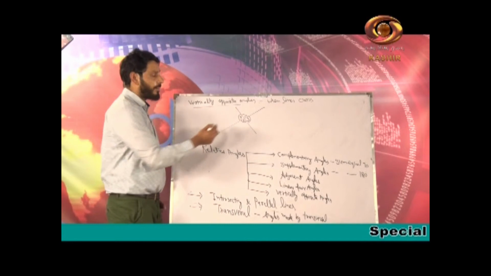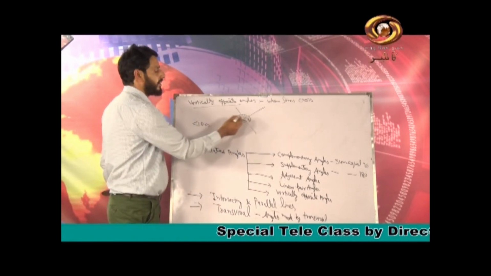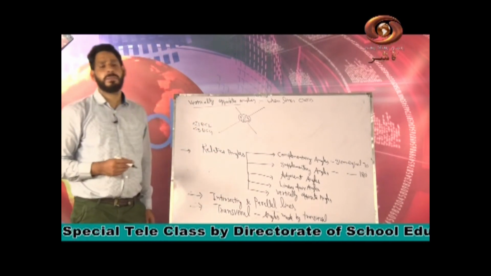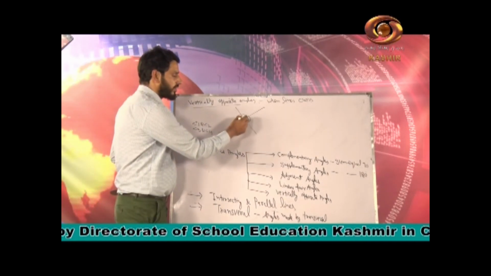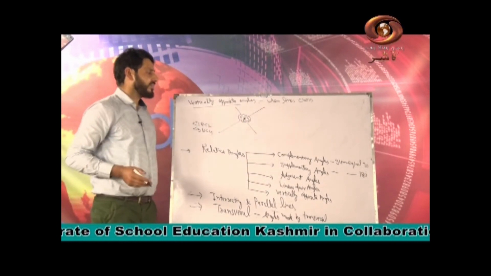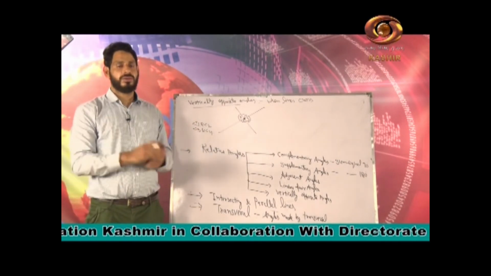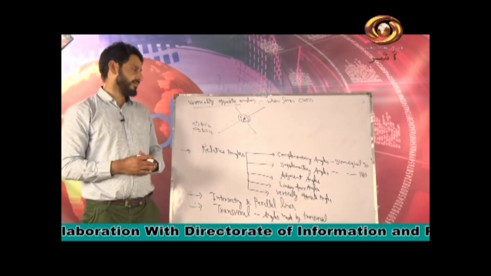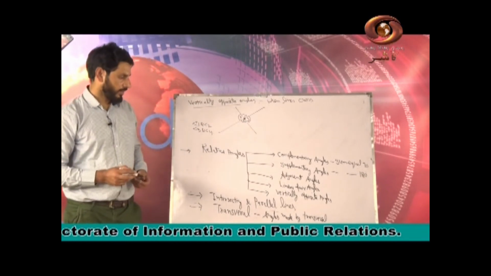So the vertically opposite angles are angle 1 and angle 2, and similarly angle 3 and angle 4. Why is this called a vertically opposite angle? Because of sharing a common vertex. They are across the vertex. The 2 angles are formed across the 2 sides of the vertex. That's why these are called vertically opposite angles.